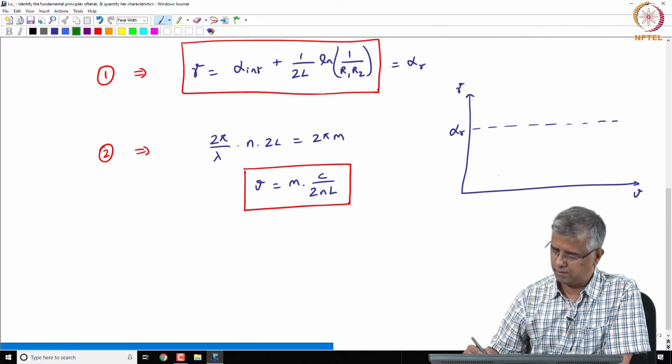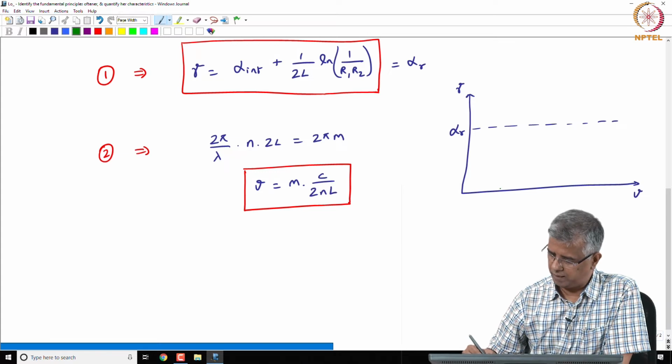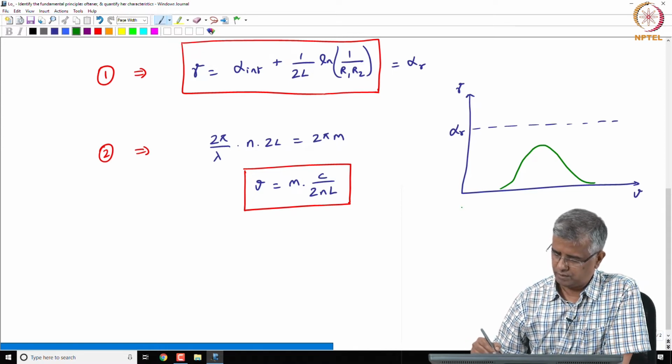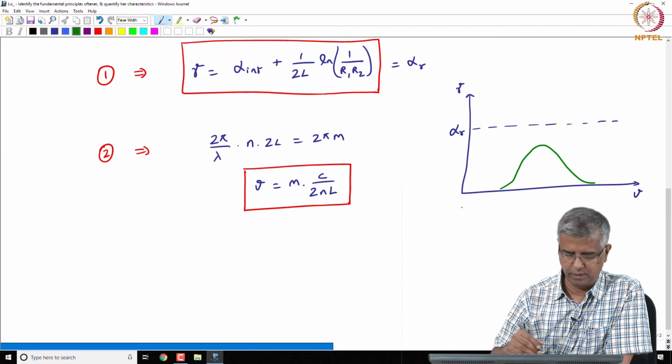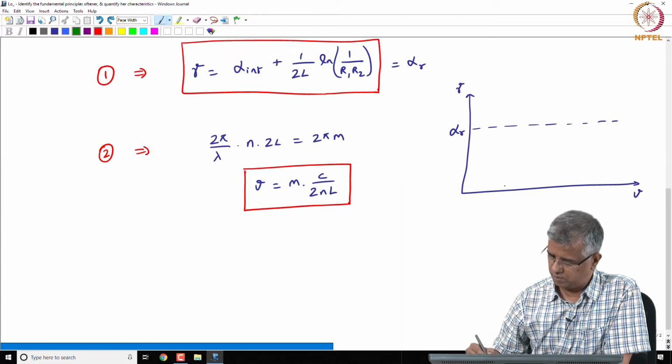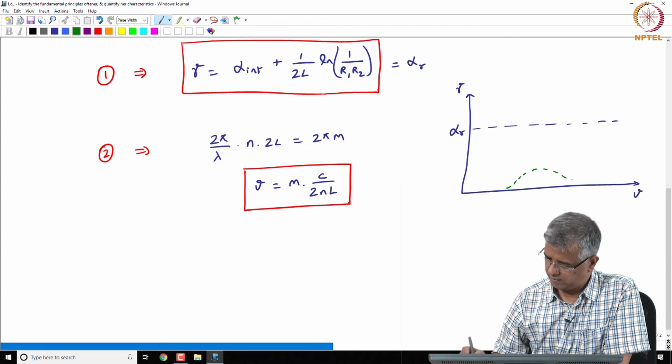When we look at the overall gain, what we will find is for a given gain medium, you may have something like this at low powers, and as you increase the power level, or maybe I can just put this in dotted lines over here.